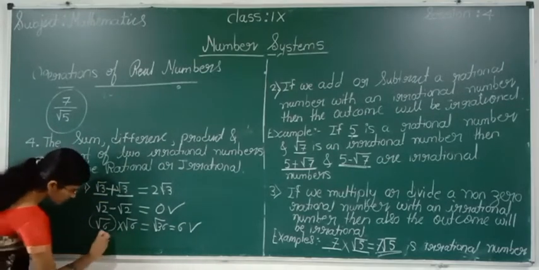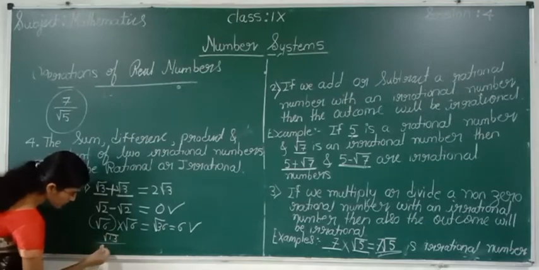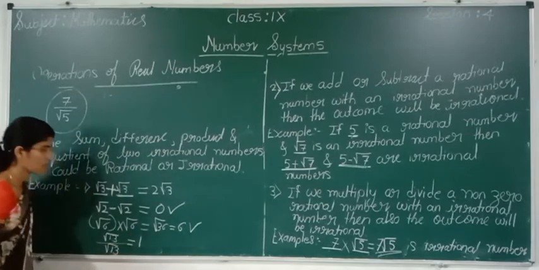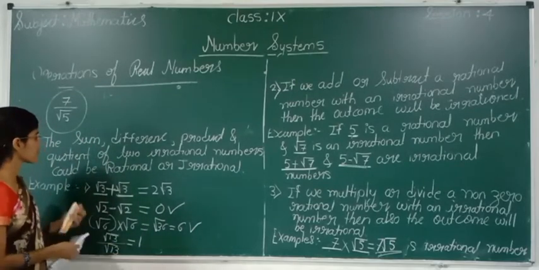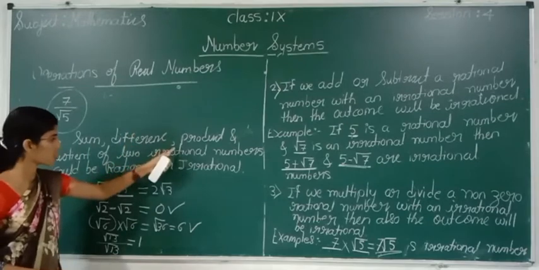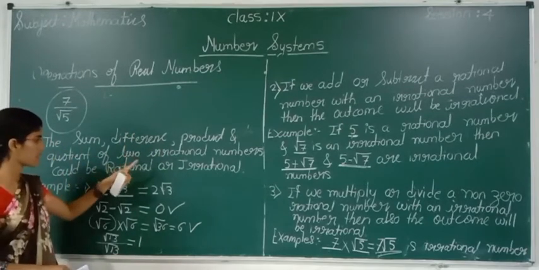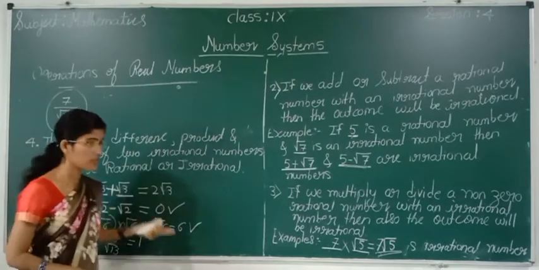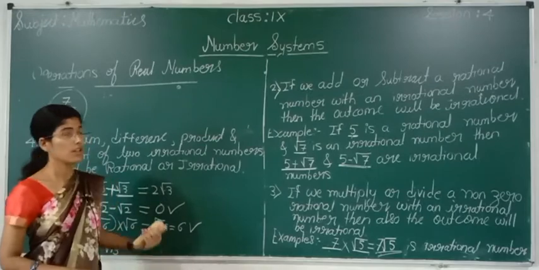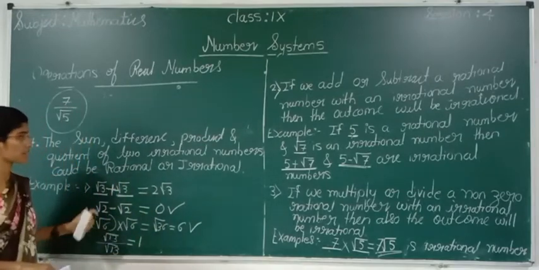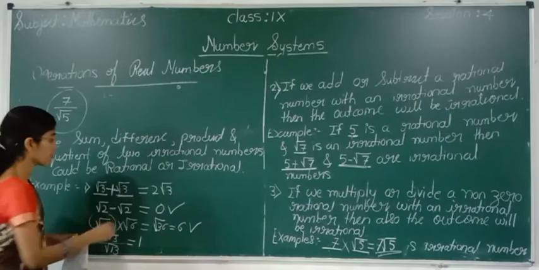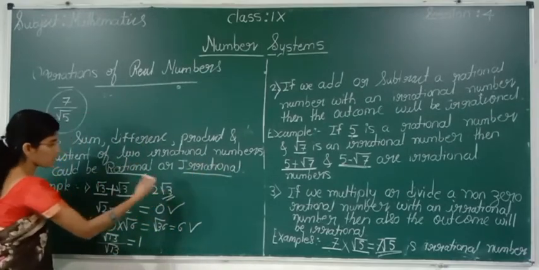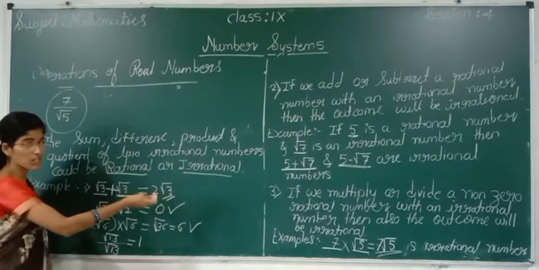If I take root 13 and perform a division, root 13 by root 13, it will be 1. So what we can tell is that if you take two irrational numbers and do the sum, the addition, subtraction, product and quotient, the answer may be rational or irrational. We can't tell this is irrational only. It may be a rational number also.